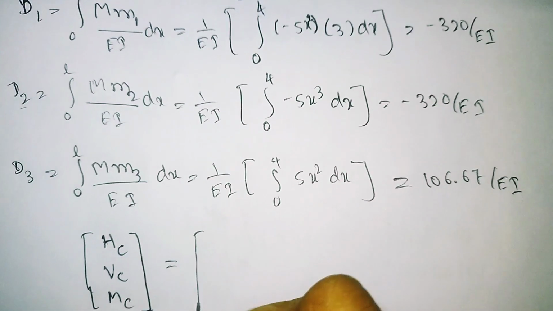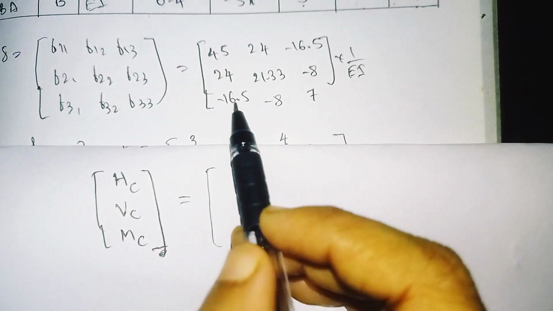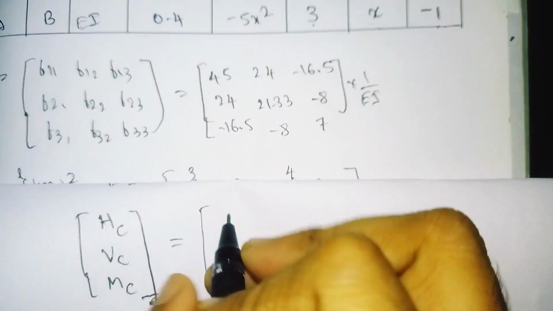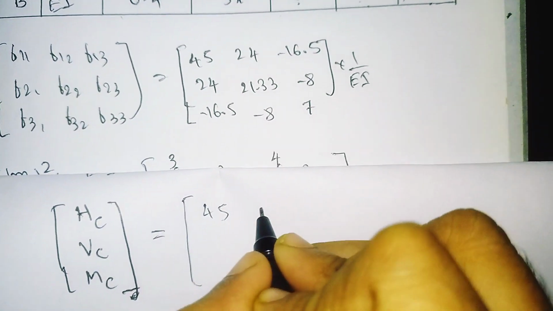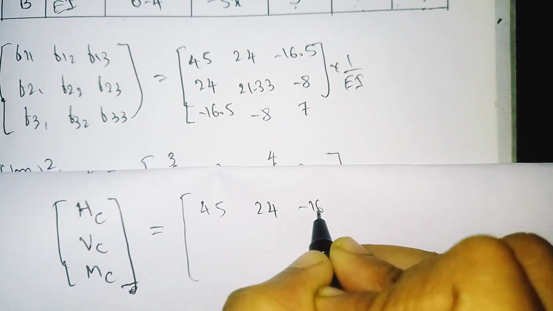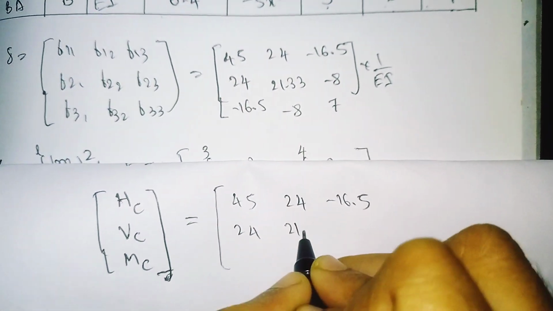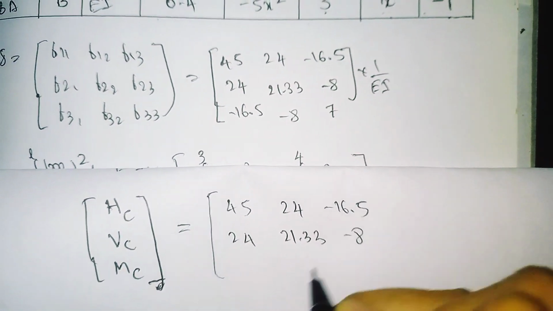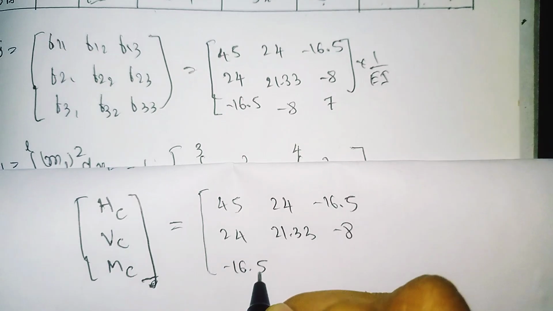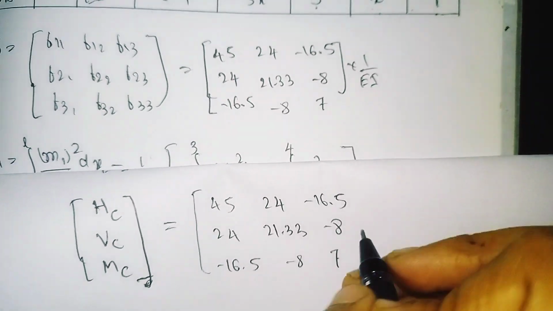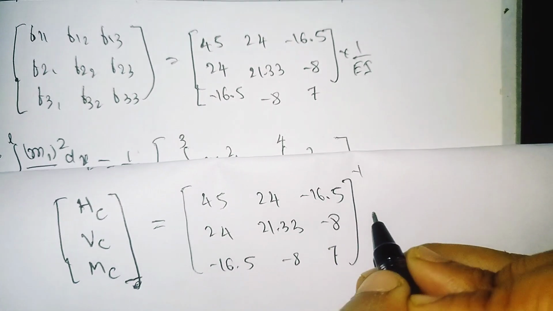Flexibility matrix, so we need to write all the values: 45, 25, minus 16.5, 24, 21.33, minus 8, minus 16.5, minus 8 and 7, inverse of it.